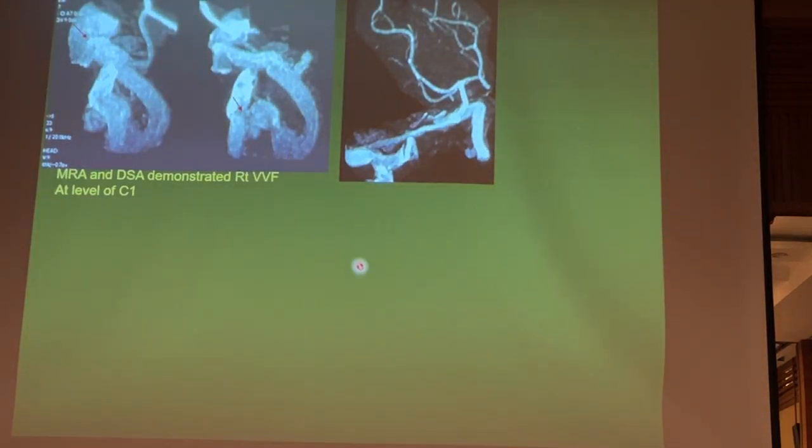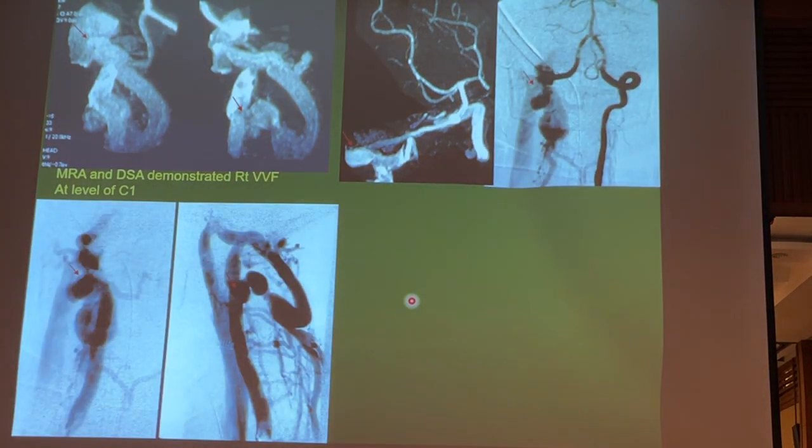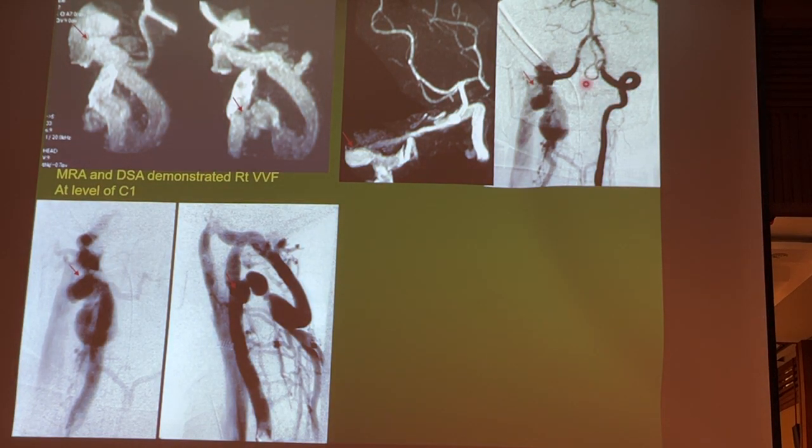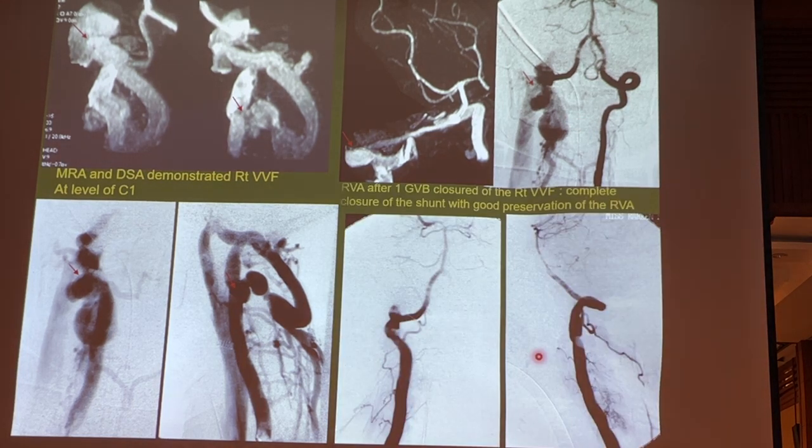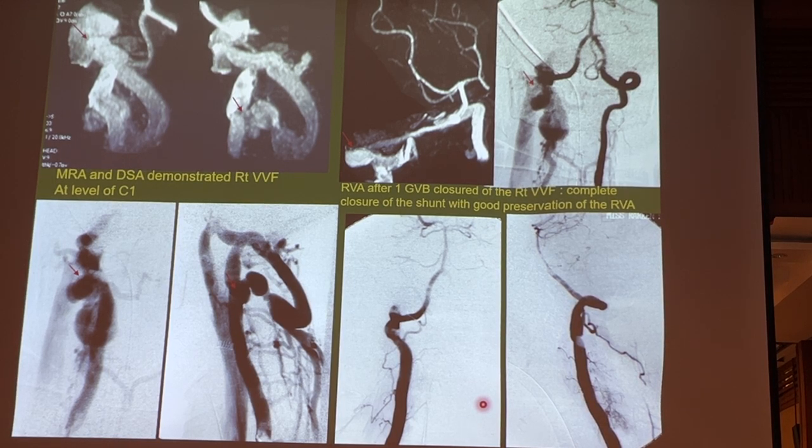This is a little bit adult type, 20 years old, with this fistula seen from the non-invasive imaging. You see this gigantic venous pouch from ipsilateral and contralateral vertebral injection. You have this nice single detachable balloon or coils or whatever you have to close up and preserve this vertebral artery.